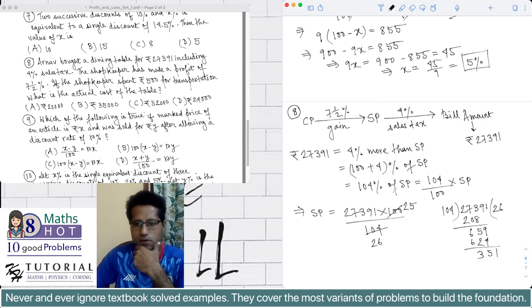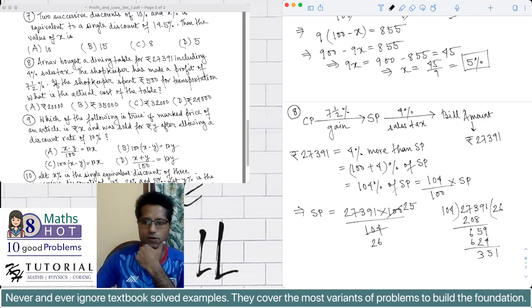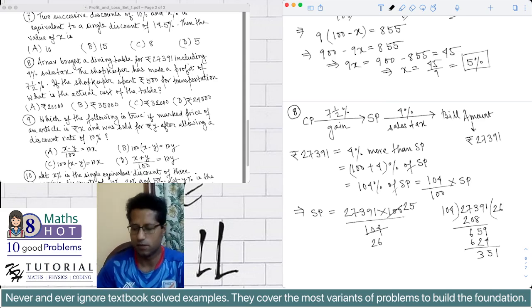Sales tax is 4%. So Arnav bought a dining table for rupees 27391, including the sales tax. So we must have 27,391 equal to the selling price plus the sales tax, which is basically 4% more than selling price, which is 100 plus 4% of selling price, which is 104% of selling price, which is equal to 104 by 100 multiplied by selling price.